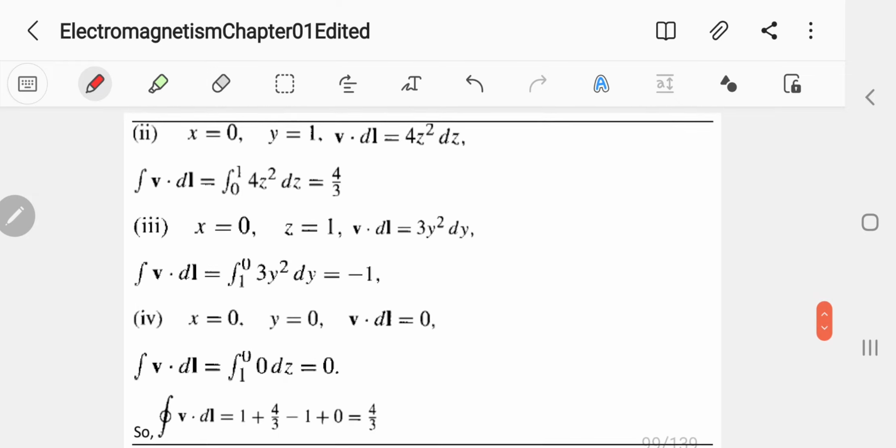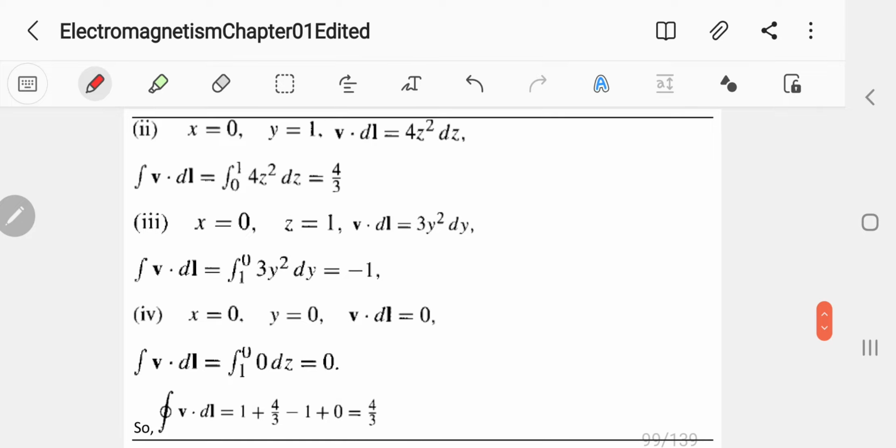The same argument goes for segment 2, segment 3, and segment 4. You can do it yourself, and you'll find out that the closed integral of v dot dl is also equal to 4/3.